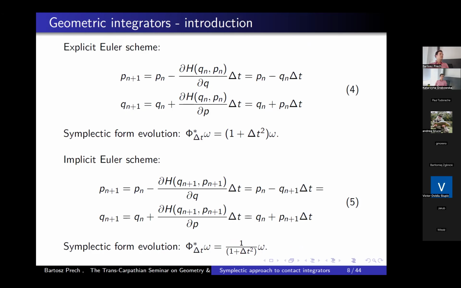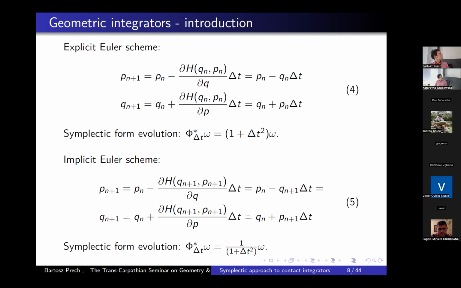So we start with examples that aren't symplectic integrators. The two well-known integration schemes are the explicit and implicit Euler schemes. The formulas are a bit lengthy, but they are displayed on the blackboard.